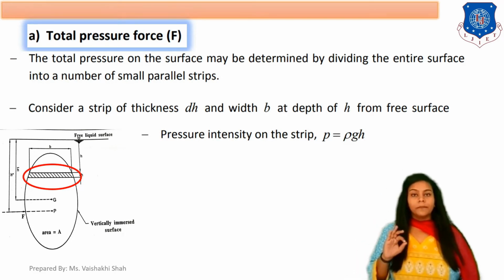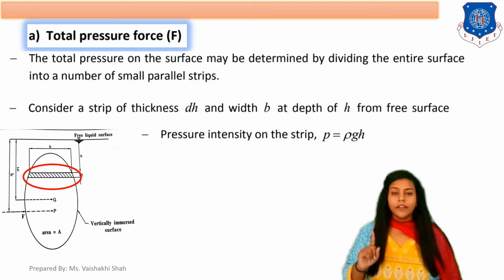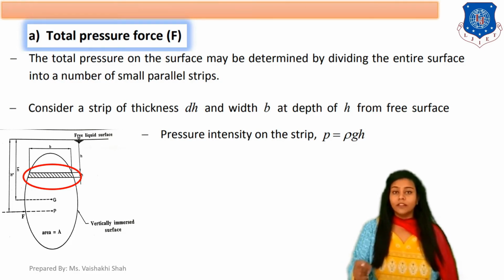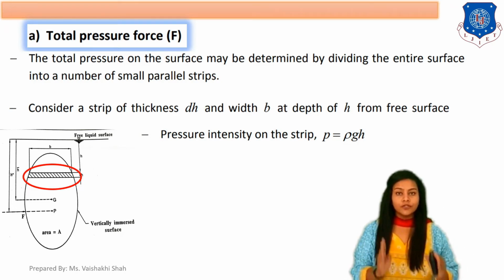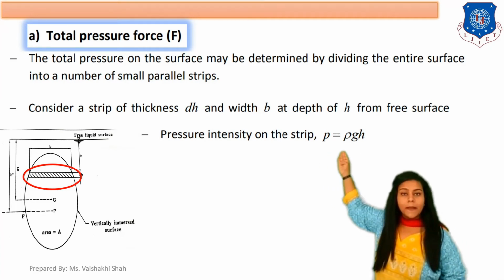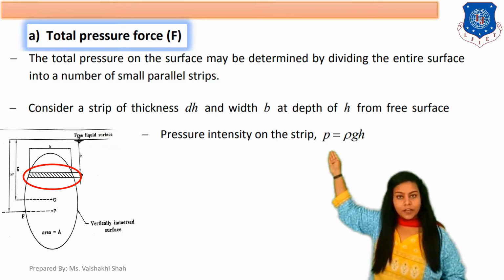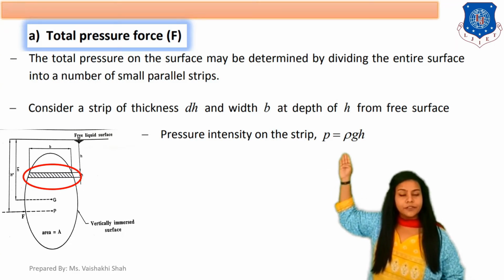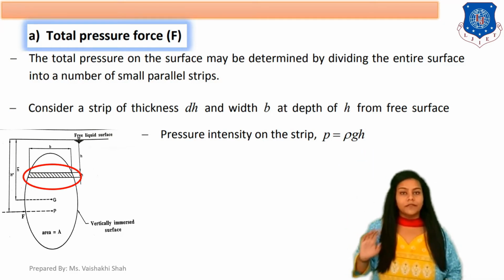Now, first of all, we have to find out the pressure intensity on this single strip. We know the equation for pressure, P equals rho g h. So the pressure intensity on a single strip, P equals rho g h, where rho is the density of the fluid, g is acceleration due to gravity, and h is the distance from the free surface.